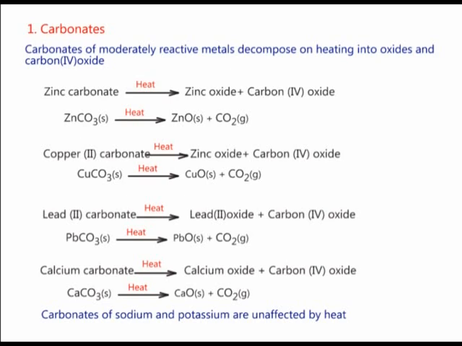And so, all carbonates of moderately reactive metals decompose on heating to form metal oxides and carbon 4 oxide. Carbonates of highly reactive metals like sodium and potassium are not affected by heat.